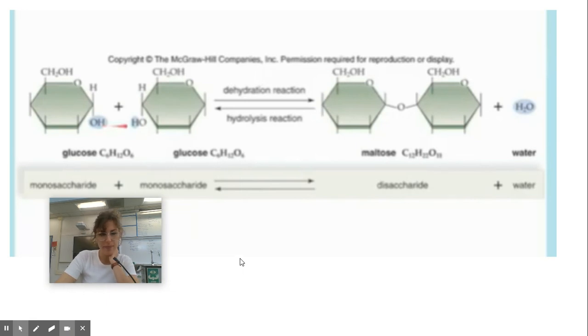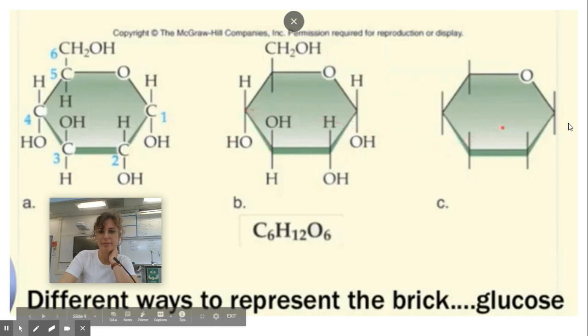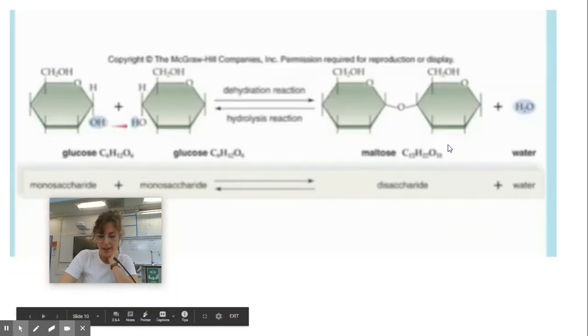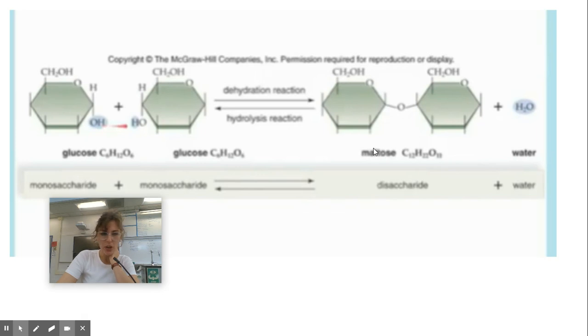I want to just quickly show you what we're going to have. We're going to put this into a chart in just a moment so that we can recognize this shape. Okay. We already learned about dehydration synthesis, but let's just show it for our monosaccharides, or our monomers of carbohydrates.